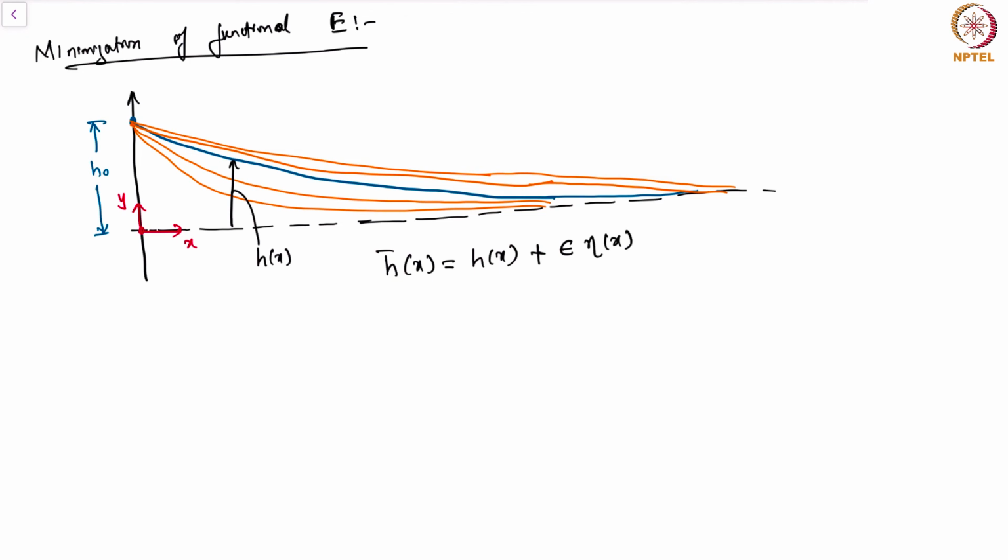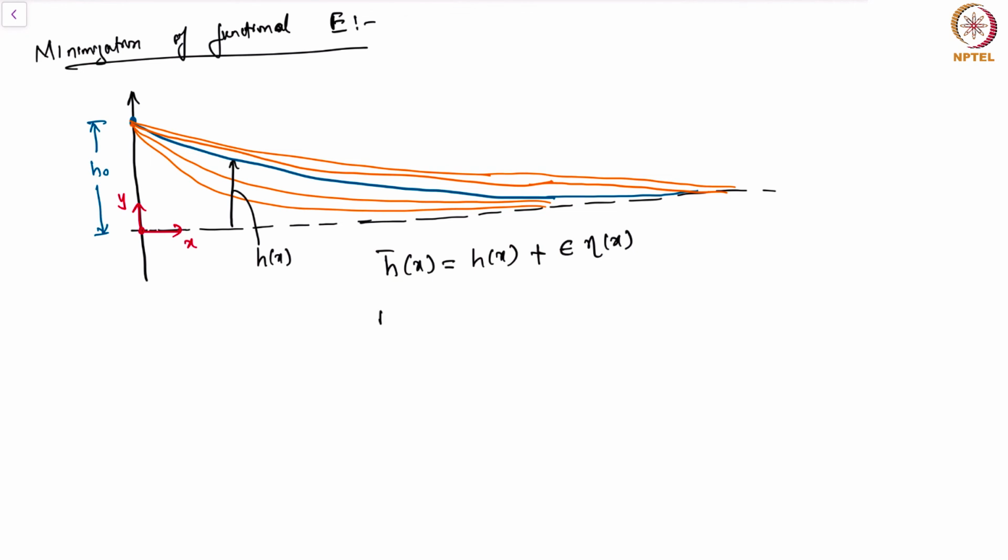So for an arbitrary eta, we want to find out what is the value of this functional for this h bar.